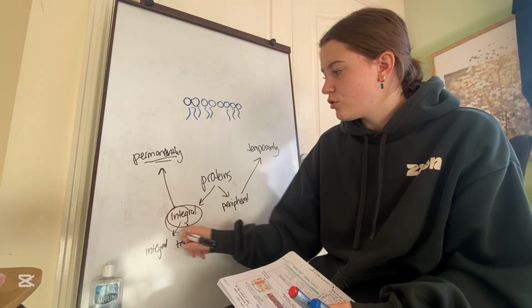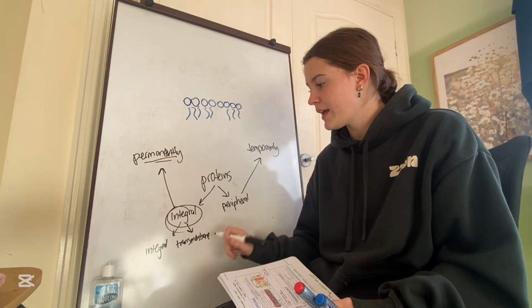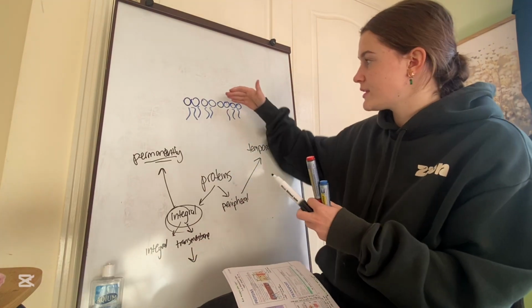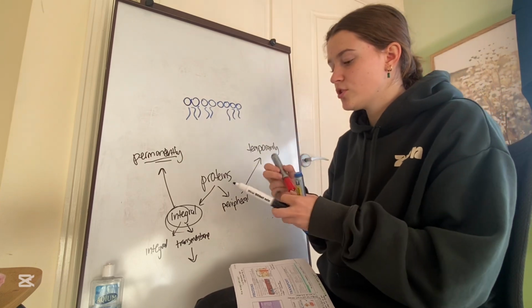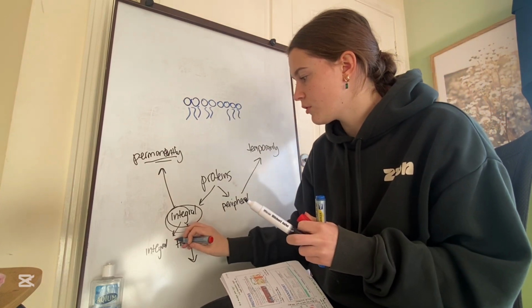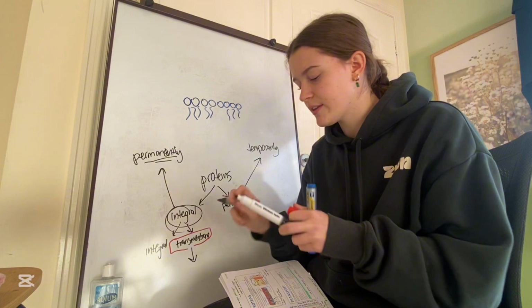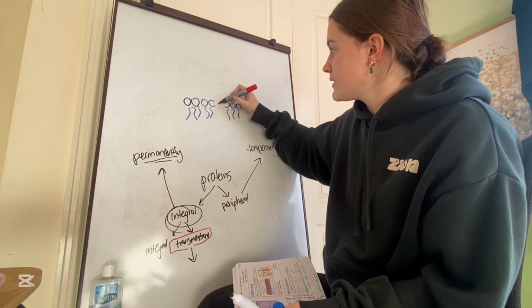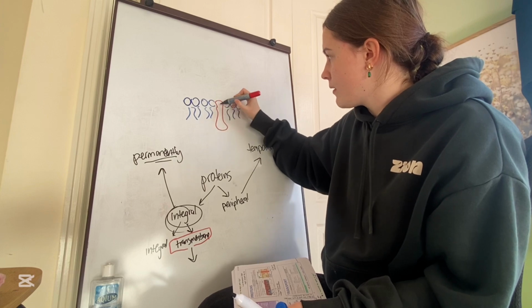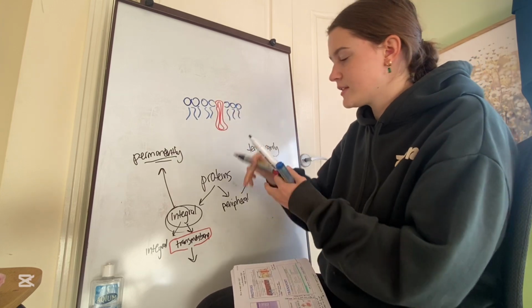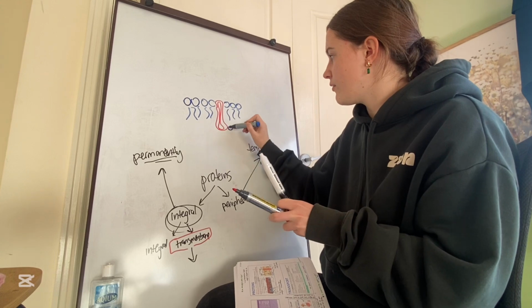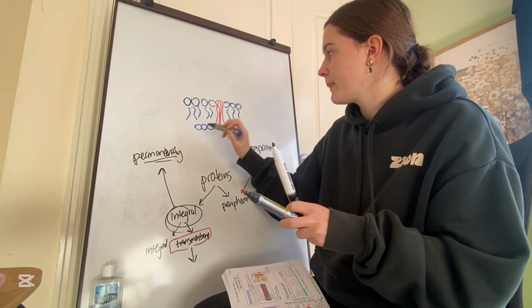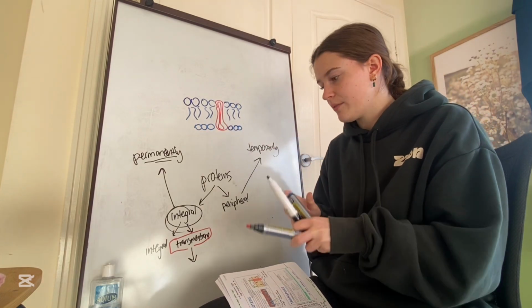All integral proteins are permanent. However, transmembrane proteins span across the entire space. So I'm going to start to draw them. I'm trying to show you that this is also part of the mosaic, but transmembrane proteins go this whole way, right? If this is the other side of the phospholipid bilayer, it goes across the whole way.